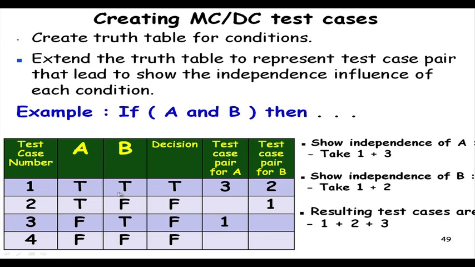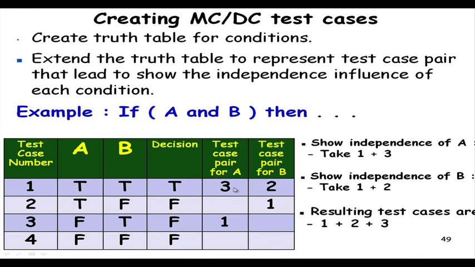So, when A, B are true, the decision outcome is true, and so on. And then we check that if we hold A at true and B at true, the output is true. Now, when we set A to false, holding B at true, the outcome is false. So, in other words, test case 1 along with test case 3 will achieve the independent evaluation of the first basic condition.